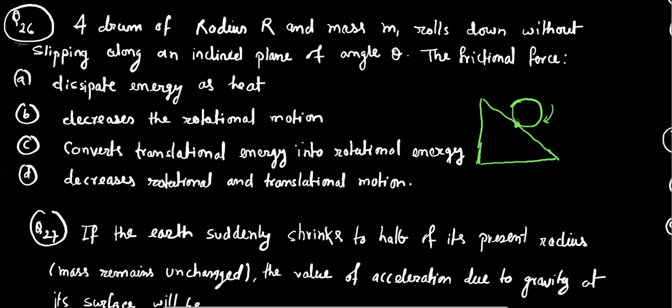So there is a kind of rotational motion, and this rotational motion is provided by the frictional force acting between the inclined surface and the drum. That's why we are confirmed that the frictional force converts translation energy or motion into rotational motion.